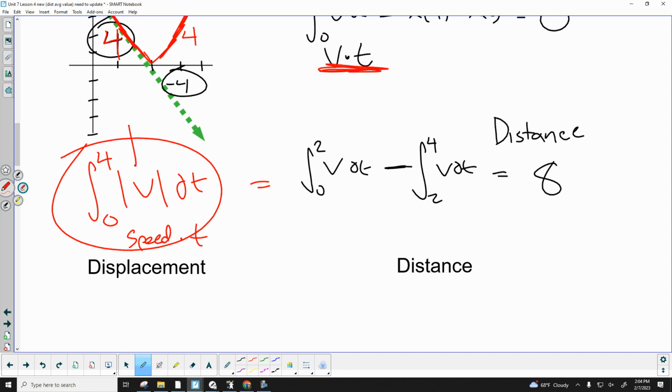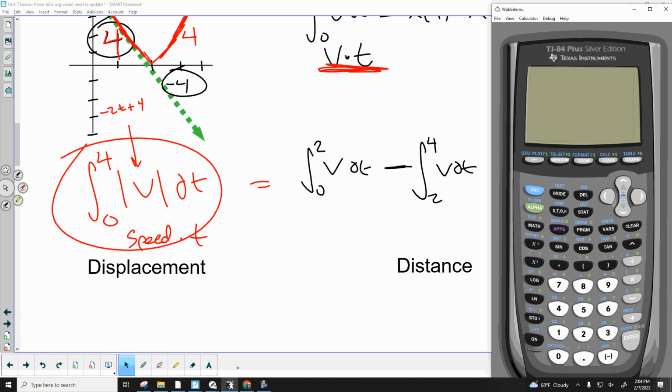Your velocity is negative 2t plus 4. You guys know how to type in an absolute value? Well, that's something you need to know how to do. So let's practice finding the absolute value. I can get the number 8 without doing any work whatsoever.